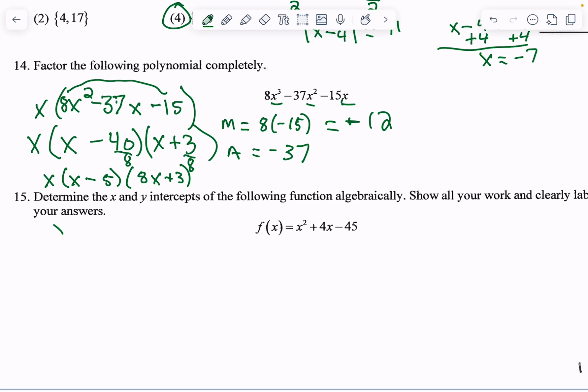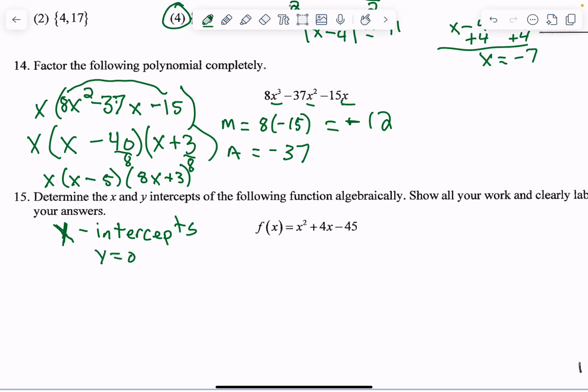So the x-intercept, I'm going to do the x-intercept first because, I don't know, why not? The x-intercepts, and there could be more than 2 of these, happen when y is equal to 0.